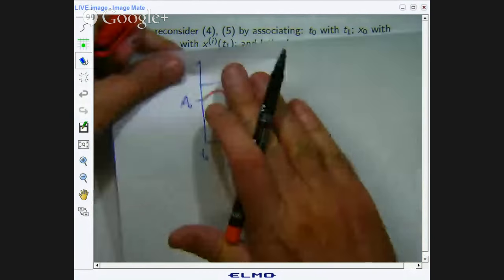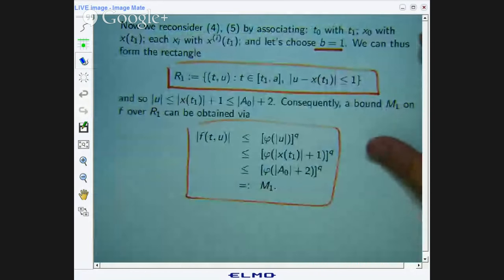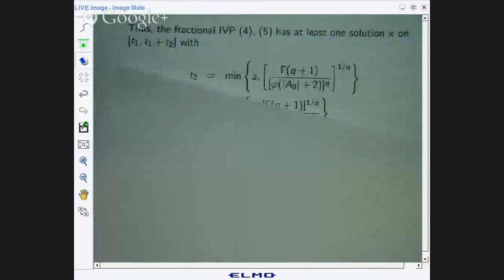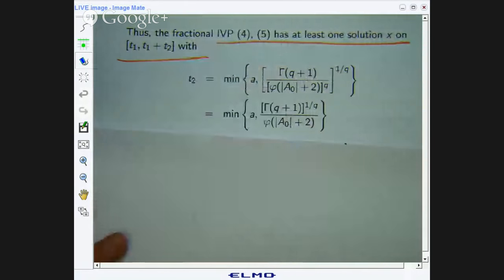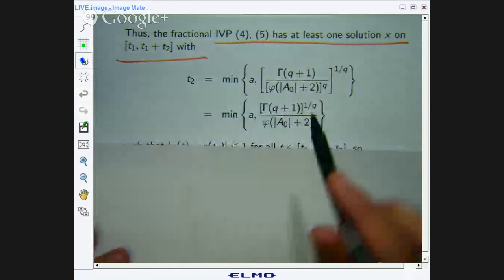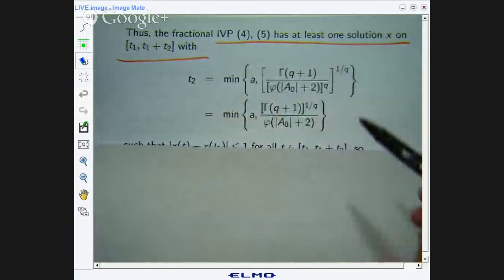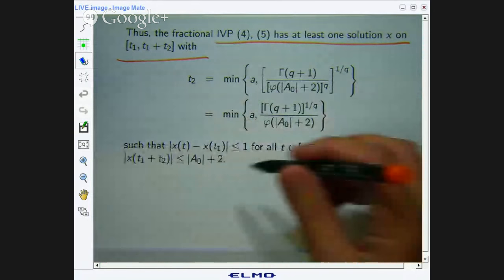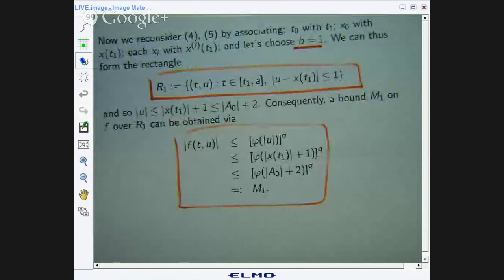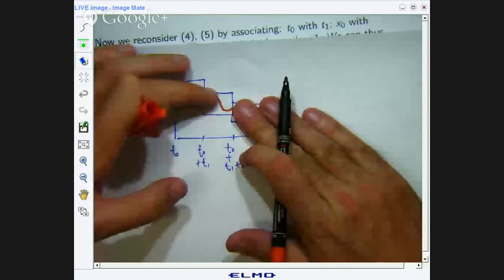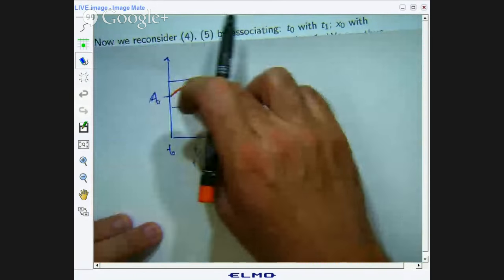Right, so I've been up to here, and now I'm going into this rectangle. So I've got a new initial value problem. Well, we know from Theorem 1, there's at least one solution on this interval where T2 is defined by this. So now what we've got is a second rectangle, and we've got a solution going into this second rectangle.